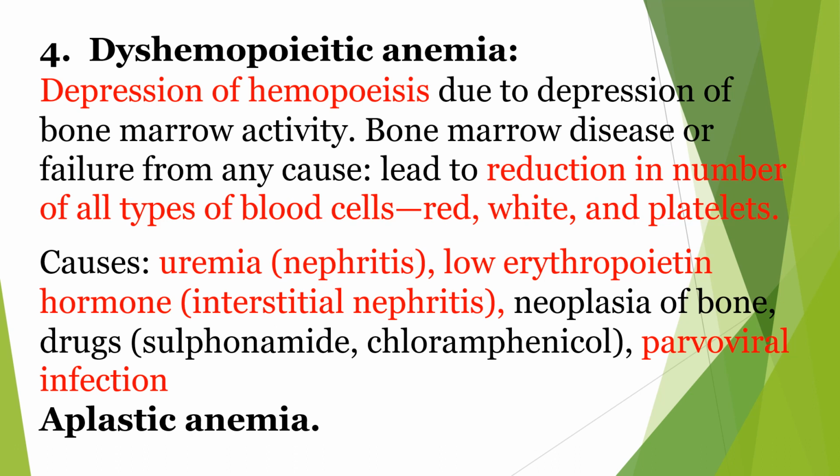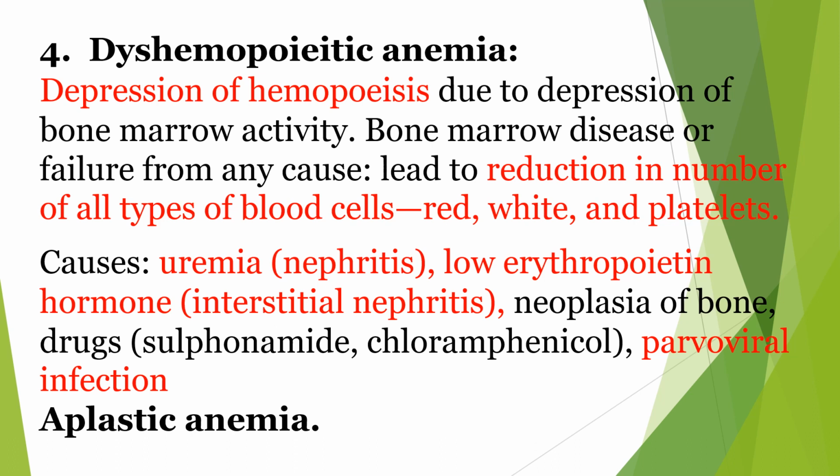That means formation of RBCs is reduced due to depression of bone marrow activity, mostly due to bone marrow disease or hemopoiesis failure due to any cause, which leads to reduction in number of all types of blood cells because formation is affected. Red blood cells, white blood cells, and platelets are all affected.